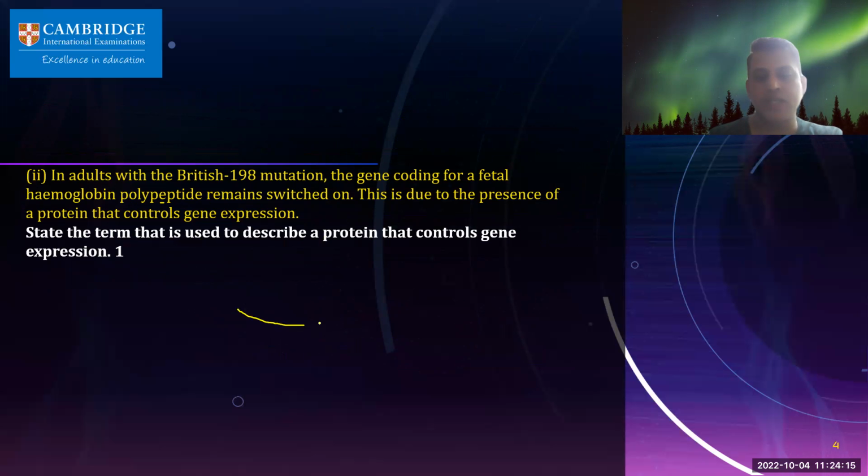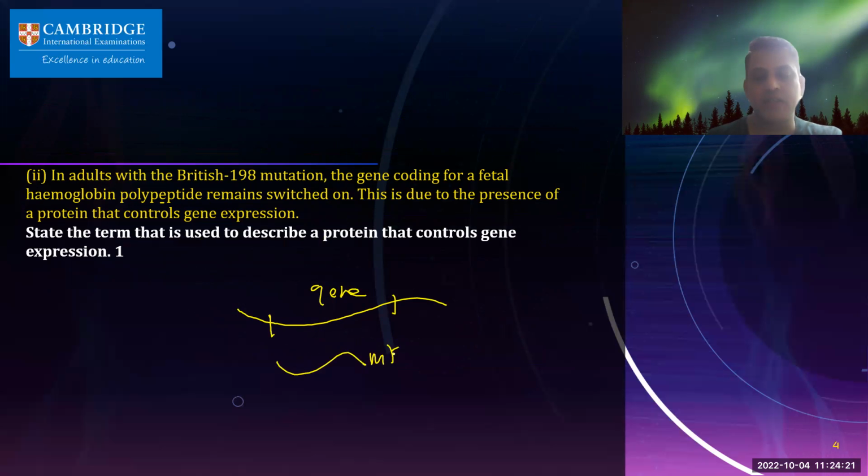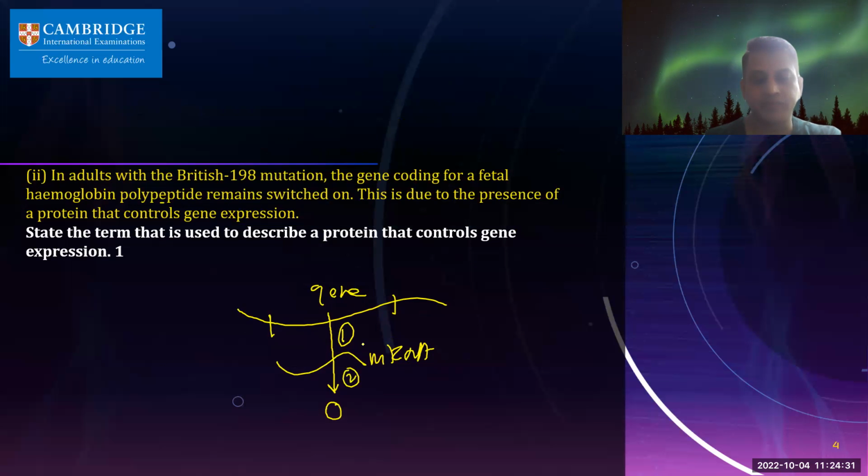Gene expression we can consider as the gene which is transcribed to messenger RNA, and the messenger RNA is translated into the protein. So first stage is transcription, second stage is translation. Production of a protein from a gene is called gene expression.